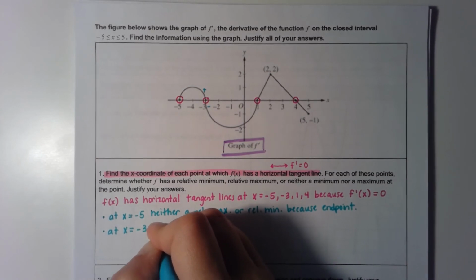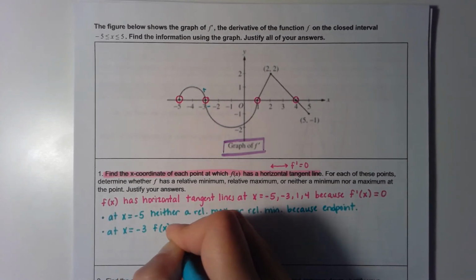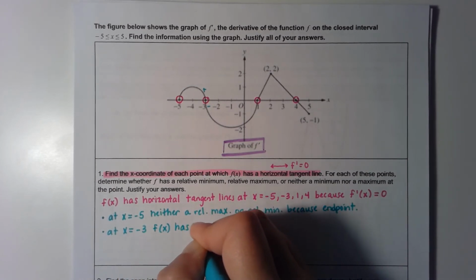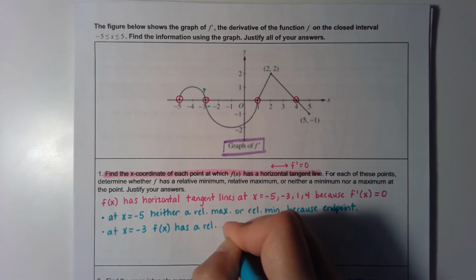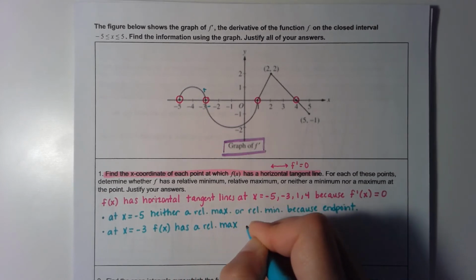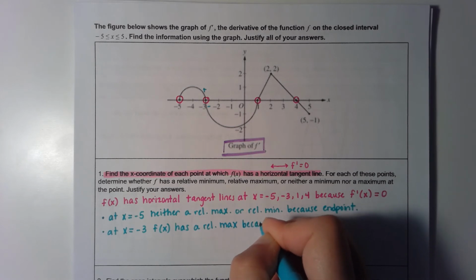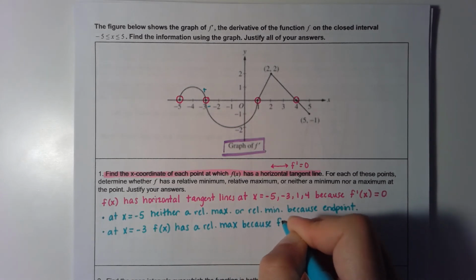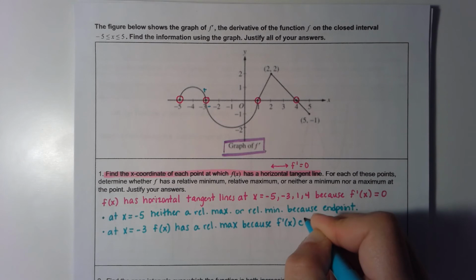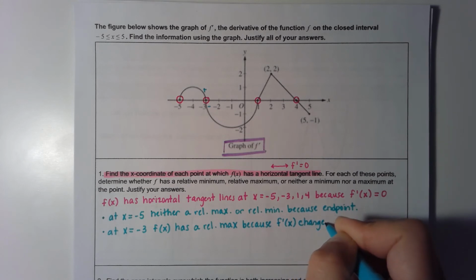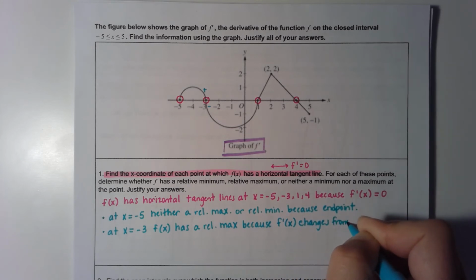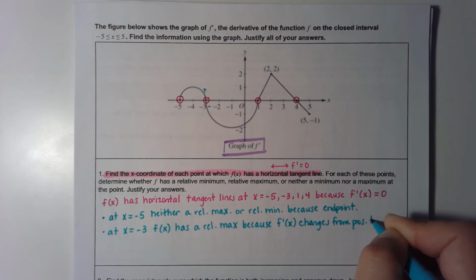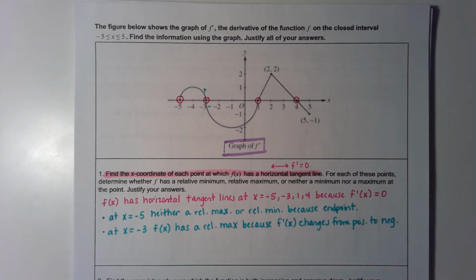So we would say at x equals -3, f of x has a relative max because f prime of x changes from positive to negative.